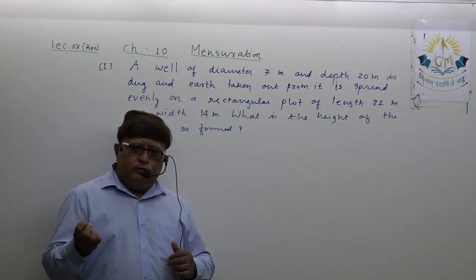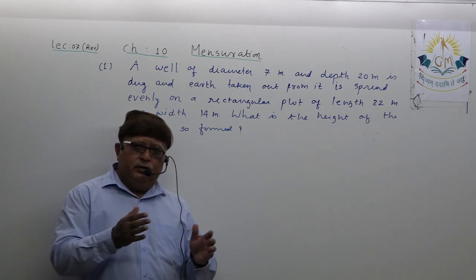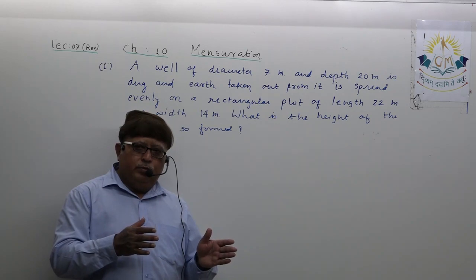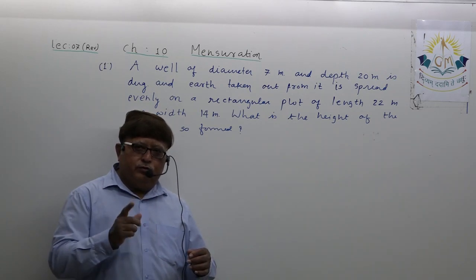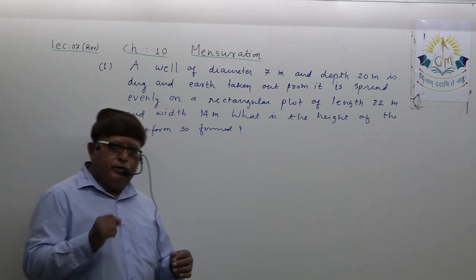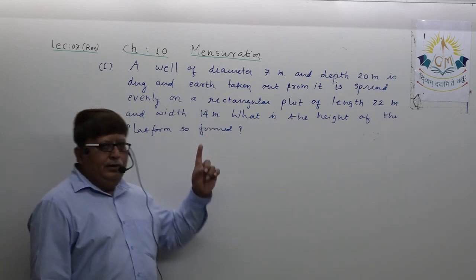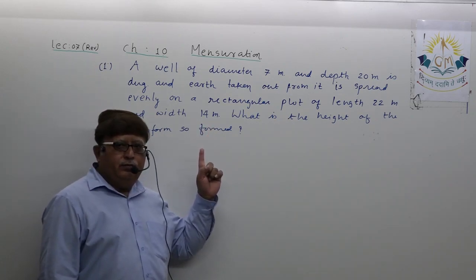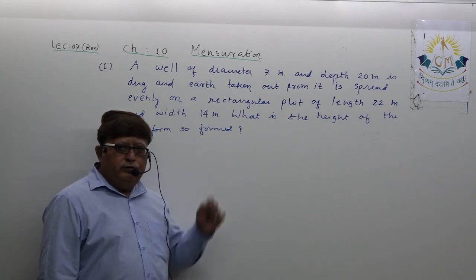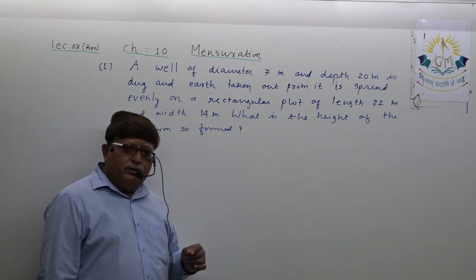Whatever earth is taken out from the well is evenly spread on a platform which is cuboidal in shape, because the length and width of this platform are given.